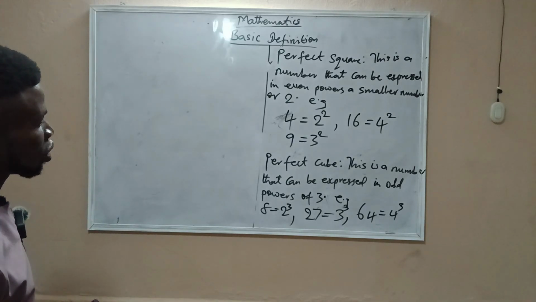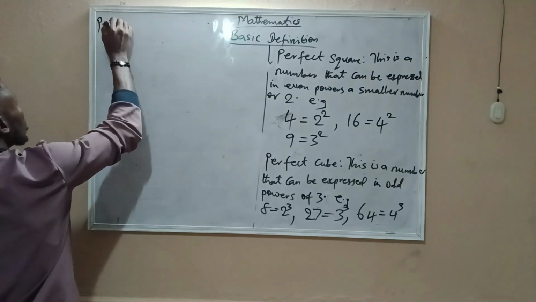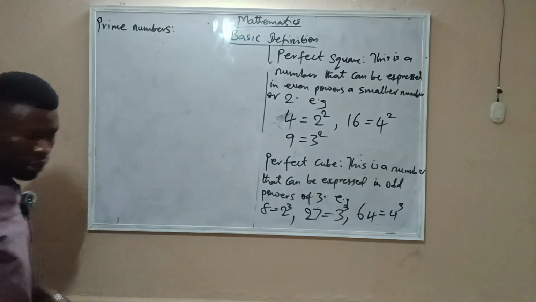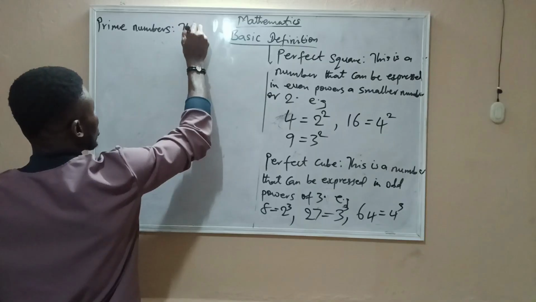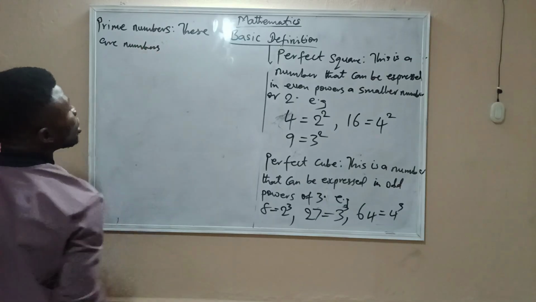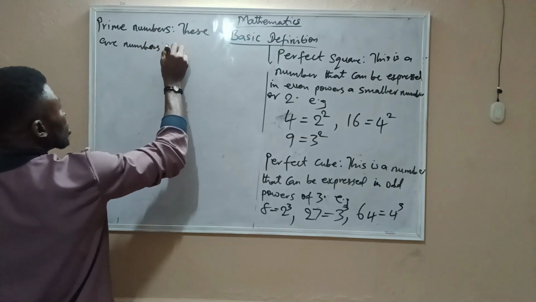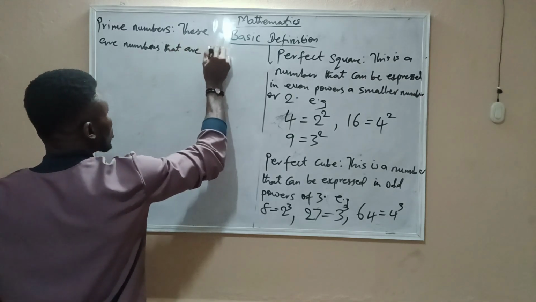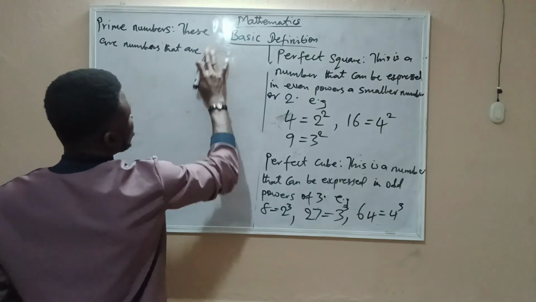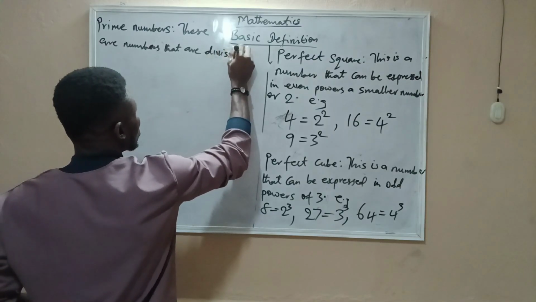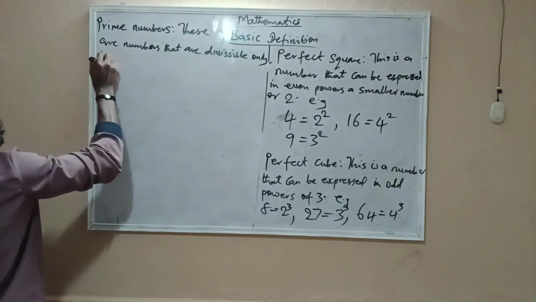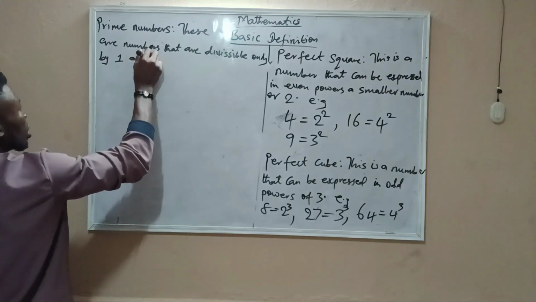So another one is prime numbers. Prime numbers are numbers that are divisible only by 1 and itself.